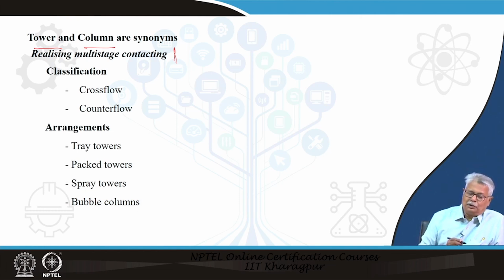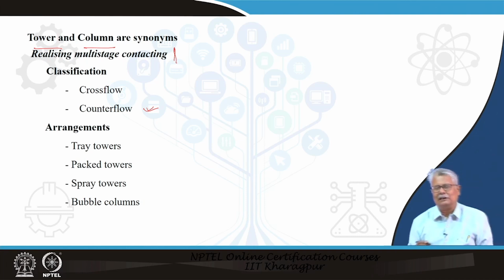Now, so far we have seen in heat transfer class or in mass transfer class that counter flow gives you, in case of contacting of two species, a higher driving force. Let us see what all arrangements you have.